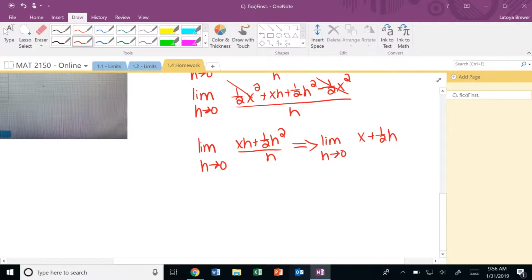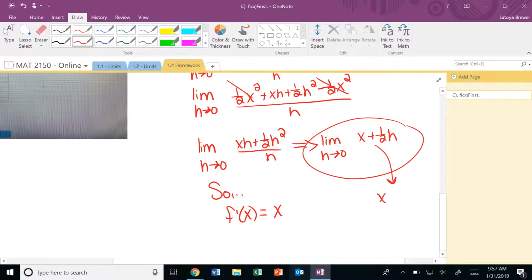Okay, so what do I know about limits? You've got to go back and remember, how do I find the limit? Well, at this point, if I want to find the limit as h approaches 0, all you need to do is take this 0 and substitute it wherever you have an h. So that means my derivative is going to be equal to x. How did I get x?